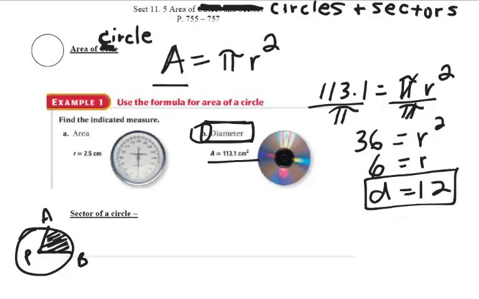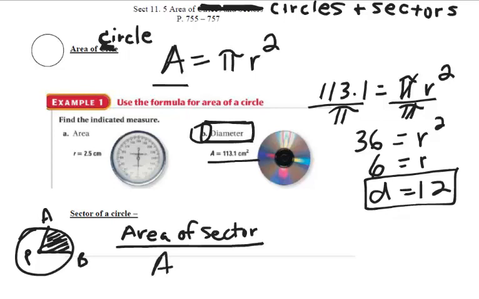And so my formula is pretty close to the same thing, but I want the area of a sector, and we call it area of a sector, which is a little section of the entire area. But we're doing an area of the sector over the area of the circle. Okay, the area of the circle. Remember, area of a circle is pi r squared.